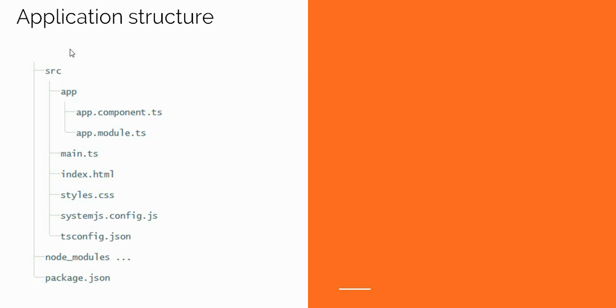So this is the structure. This is our main index.html, the HTML page for the SPA, single page application, and styles.css for the CSS properties to make a better look and feel. Then the systemjs config, and this is the tsconfig.